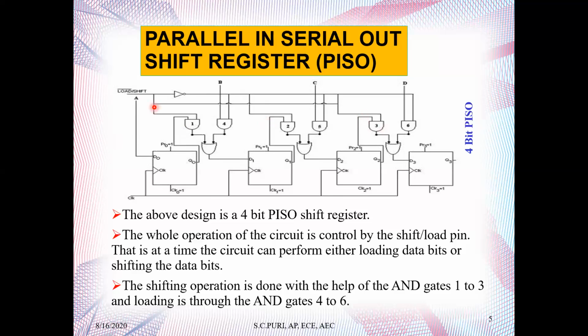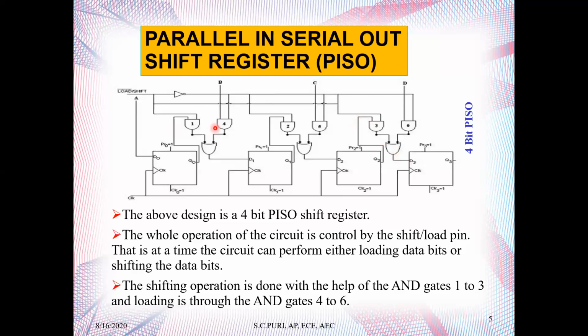But if it is 1, it will be a shifting operation. That means here will be 1, so this gate will be enabled because now you can get the access from here, and from here.